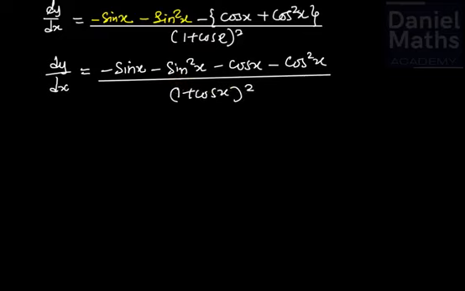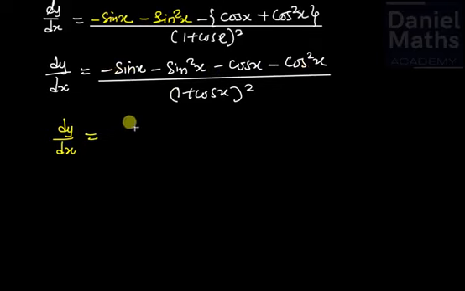If I go further, dy over dx is equal to, I'll take like terms here. You can see here I have sine x, and then here I have cos x.